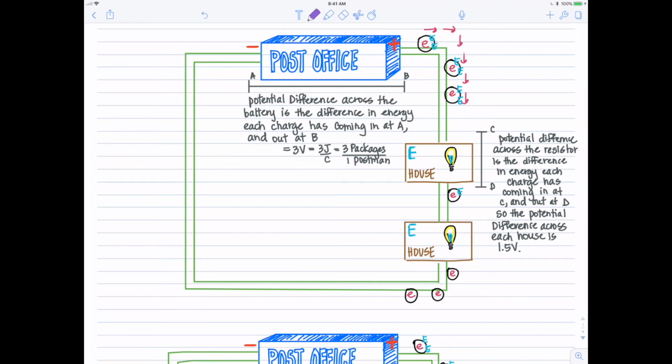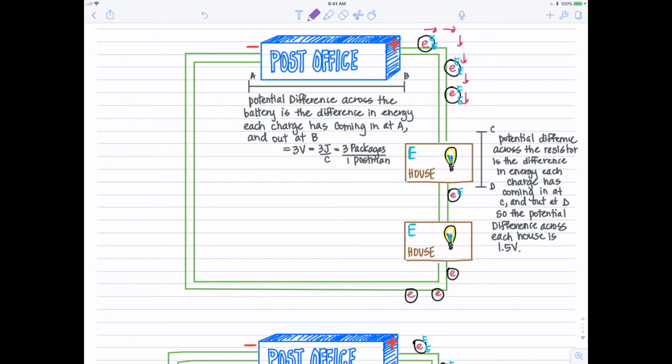Each postman has 2 capital E's of energy, or 2 packages. The postman will drop off the first package at house number 1 and continue on the path with 1 package of energy left, and he'll drop off the second package at house 2, and he will leave house 2 with no energy left. He'll return to the post office with 0 packages, or 0 joules of energy, and the process will start again.